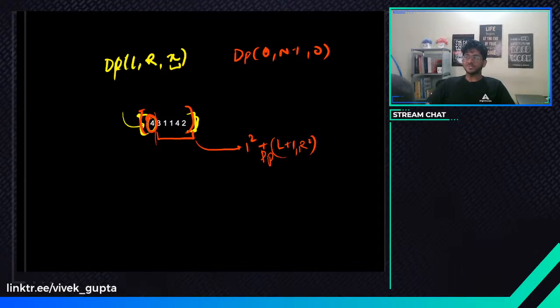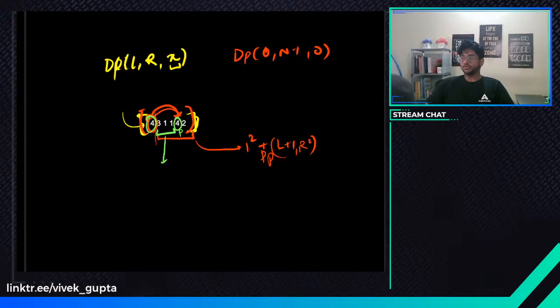The other thing is that you delete it with some other 4. So you loop and find out the next 4, and then you delete this 4 with this 4. You are going to delete them together. So to get them merged, you have to delete this much. At a position P you found a 4.